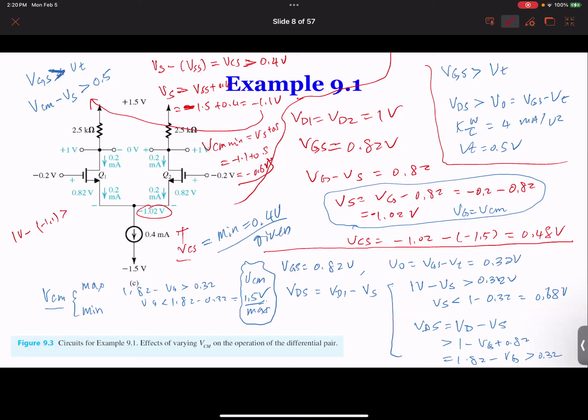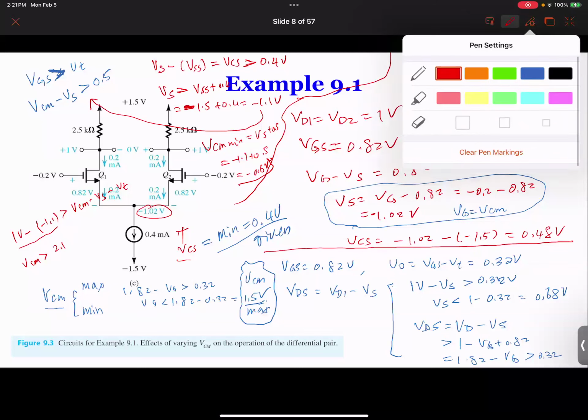That has to be larger than VGS minus VT, where VGS is VCM minus Vs. So we have now VCM has to be less than... No, wait a second, this is wrong.